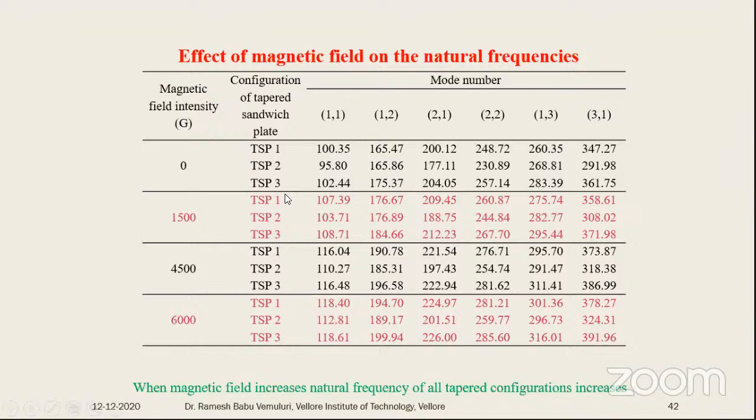TSP1, TSP2, TSP3 are called the first, second, and third tapered configurations. And we can observe that by increasing the magnetic field, obviously, there is more increment in the natural frequencies.